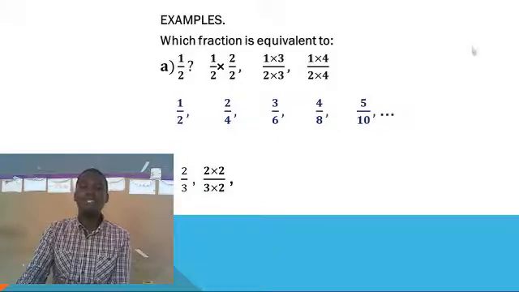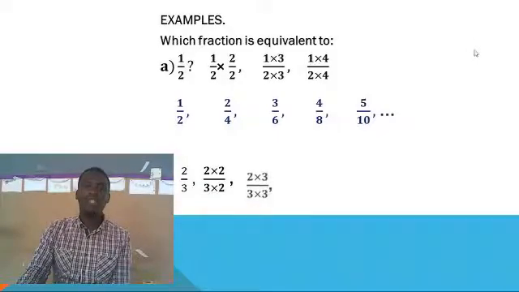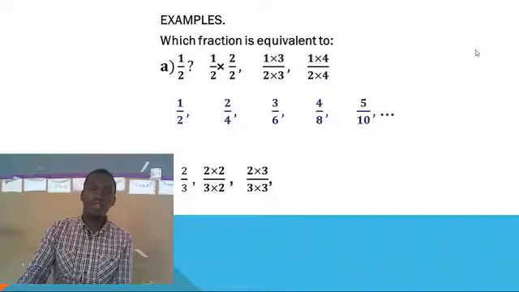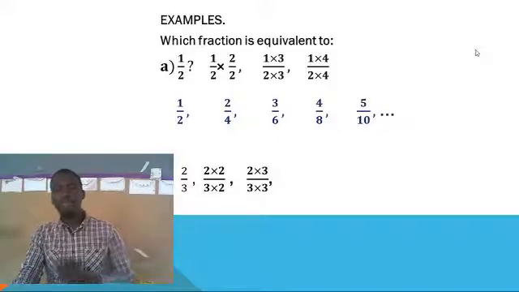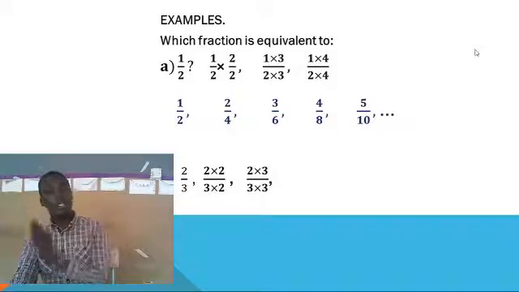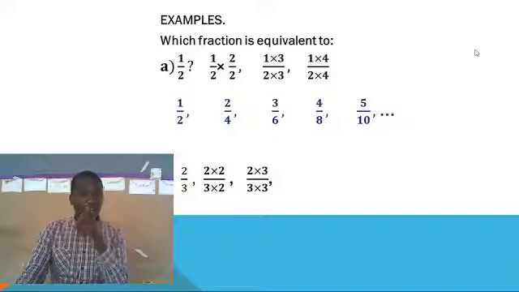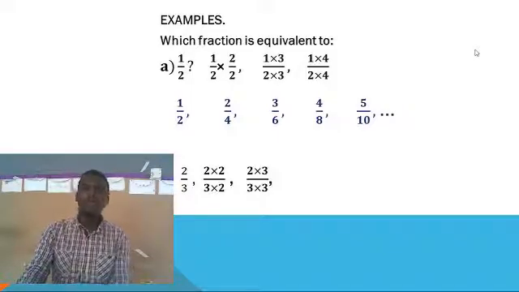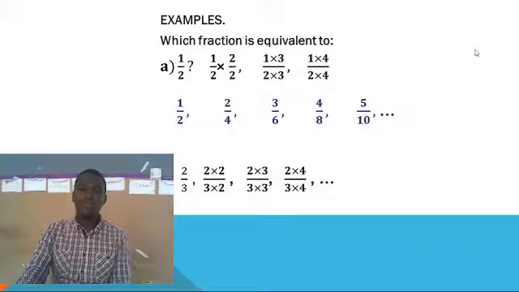The next will be 2 times 3 out of 3 times 3. You keep multiplying by the counting numbers, multiplying both the numerator and the denominator. The next will be 2 times 4 out of 3 times 4.